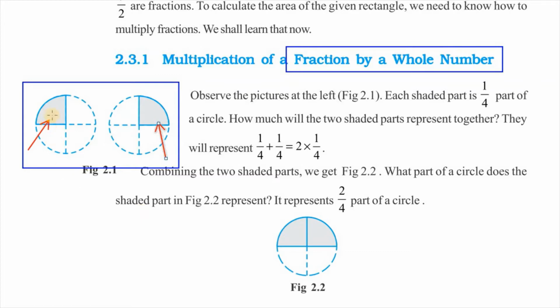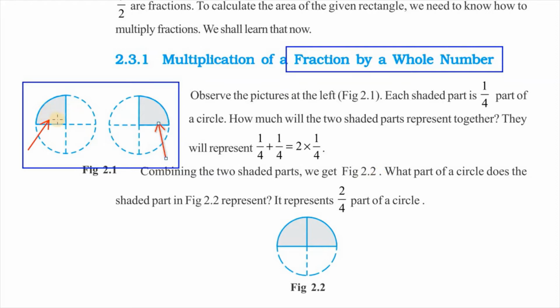So we have 1/4 plus 1/4. That is equal to 2 quarters. So we have 2 into 1 by 4, and we know that 1/4 plus 1/4 is equal to 2 by 4. Combining the two shaded parts, we get figure 2.2.